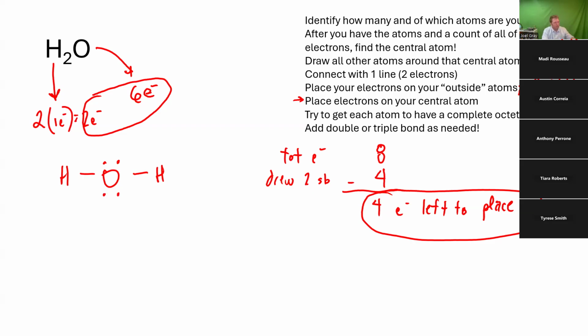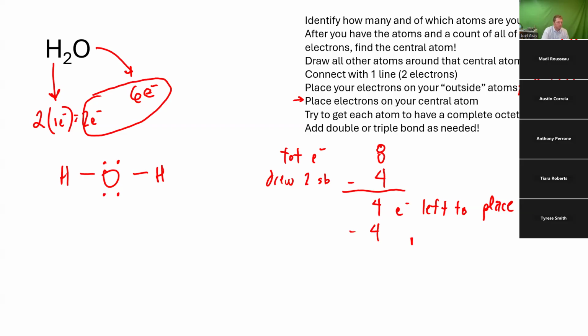I tried it, and how many electrons are now around oxygen here? 8. How many electrons does oxygen want to get? 8. So I had 4 electrons left to place.